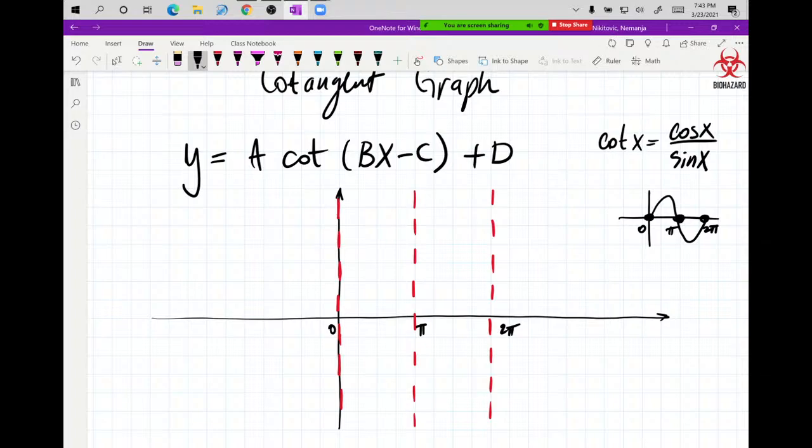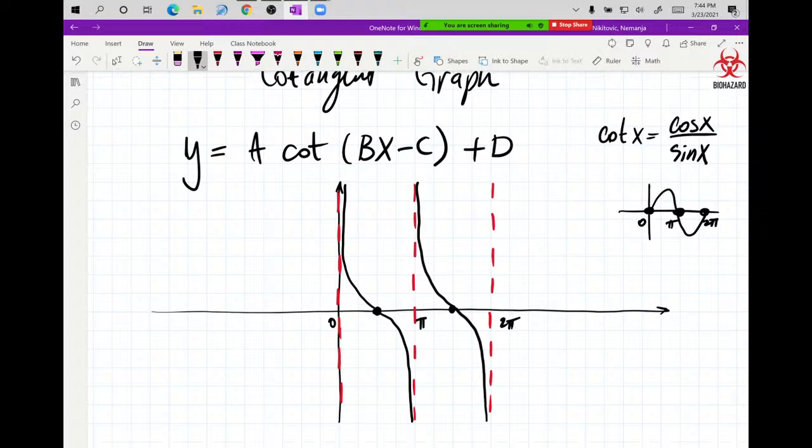Now, cotangent will also have a midpoint, just like tangent, but it's opposite. When you draw, it's going to go like this. Remember the tangent went the opposite way? Tangent went this way, so the cotangent is going to go the opposite way. So I'm going to now draw one more. And what you see here are two periods.